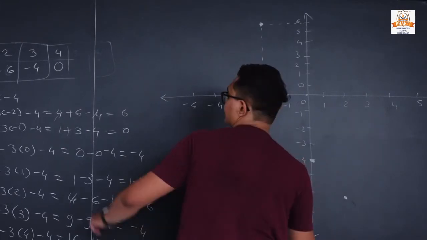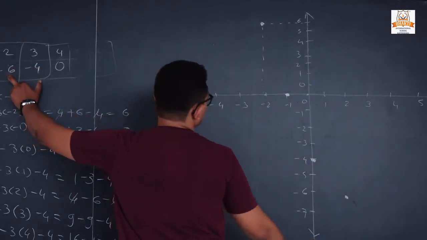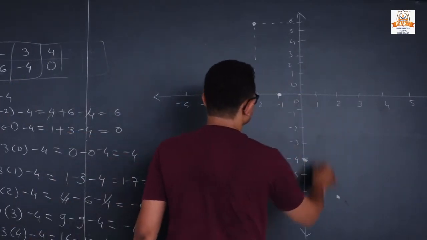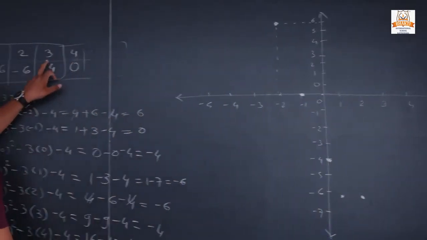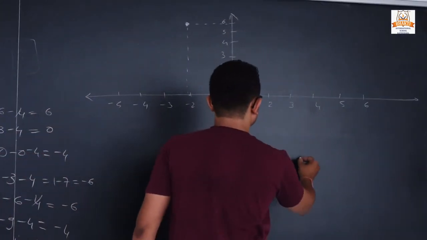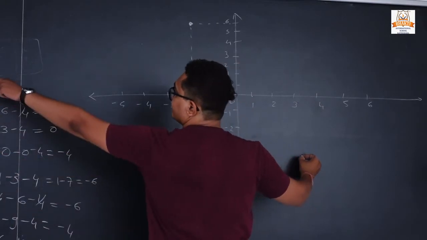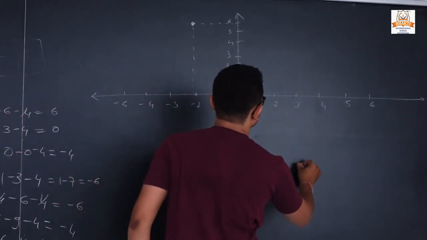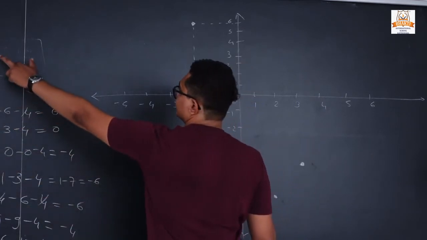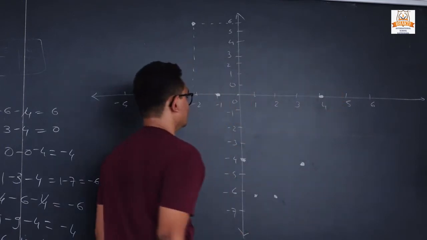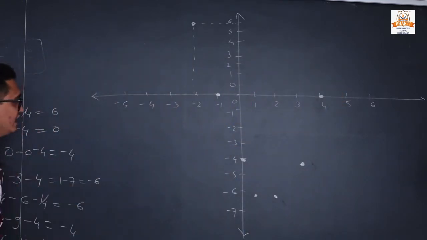Same if we put 2: we get the same -6. Next, if we put 3, the answer is -4, so here we have a point. And last, 4: here we have 0. Clear? So we can get the graph like that.